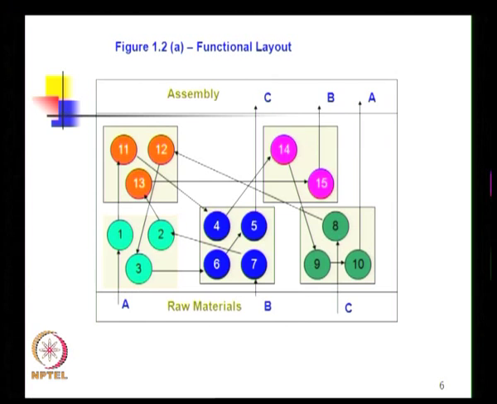Also, if setup times or product changeover times are high, they would also indicate a large production batch quantity if economic batch quantity formulae are used to find out the batch quantity. So, parts and components would be made in large batches, and therefore, there will be a lot of work in process inventory within these departments.